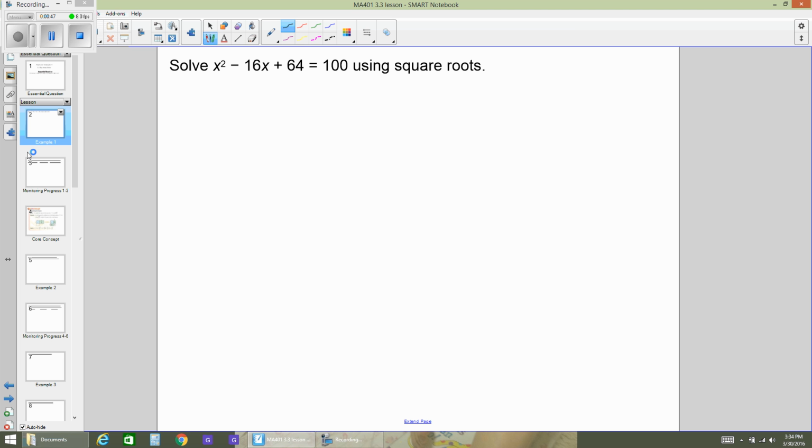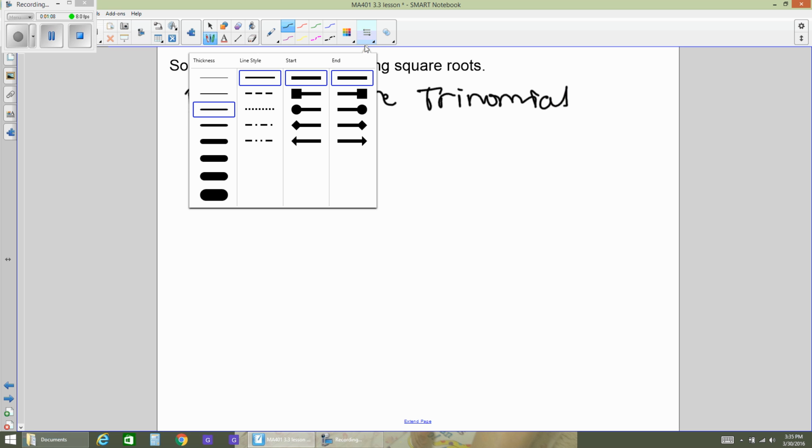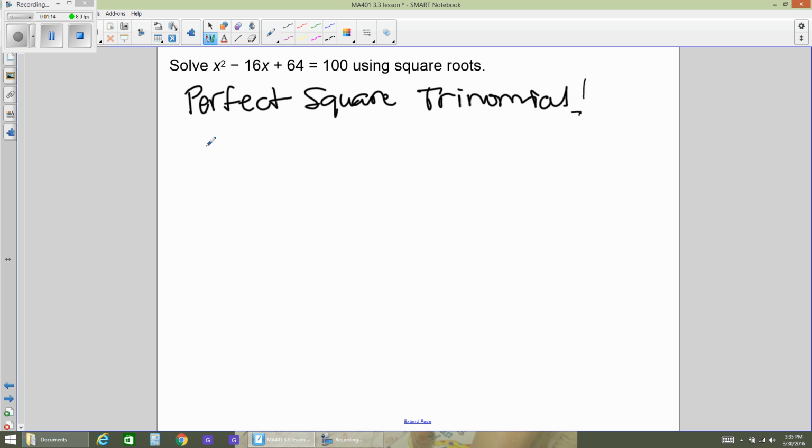Okay, fine, you're right. But this is special. This is called a perfect square trinomial. And because it is a perfect square trinomial, it can be factored very quickly and very easily.